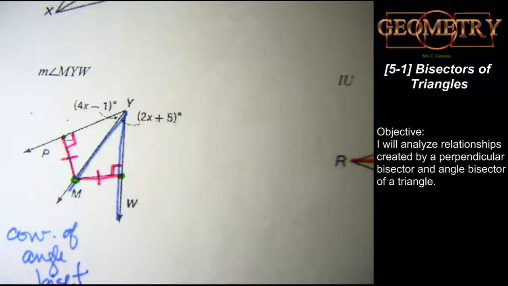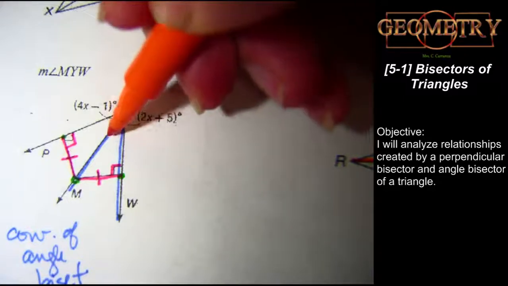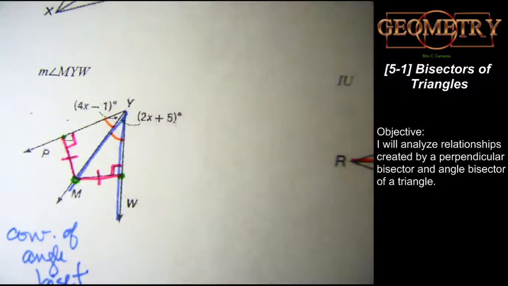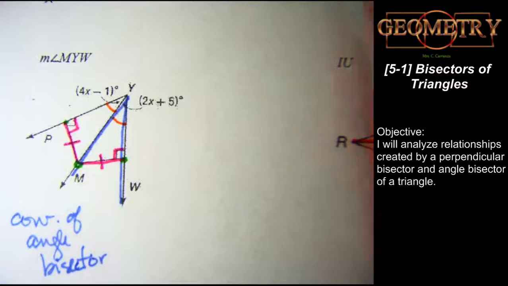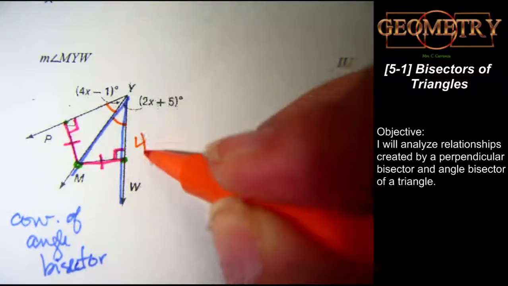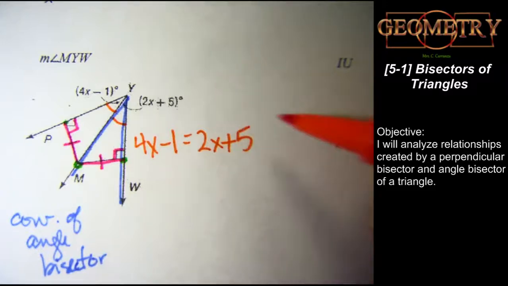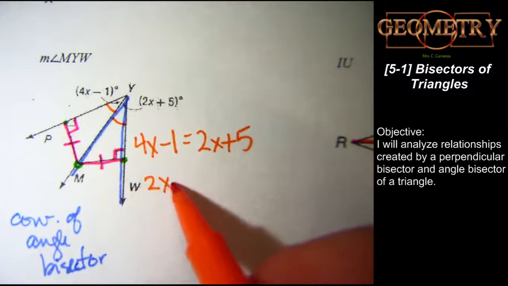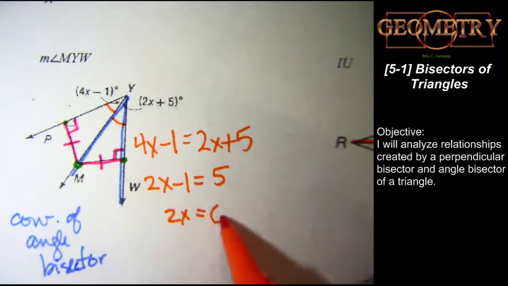And because it's now on the angle bisector, this angle is congruent to this angle, and so we can set up our algebra statement. Make sure I'm doing my algebra right, because I'm not writing out my steps.